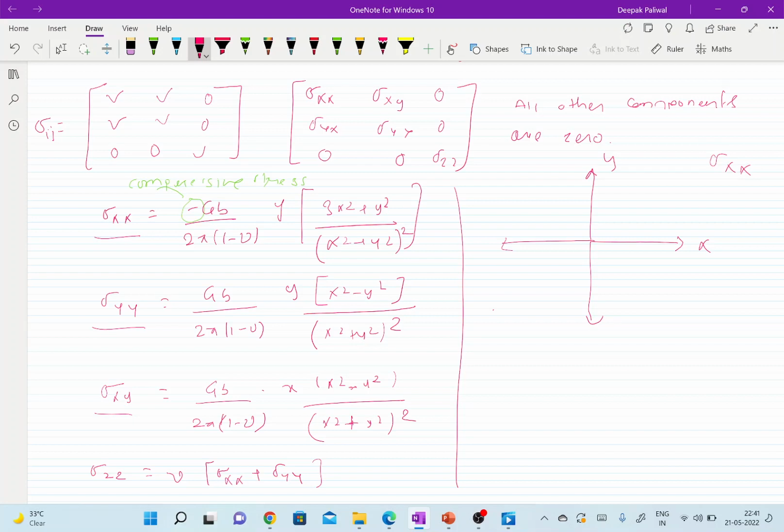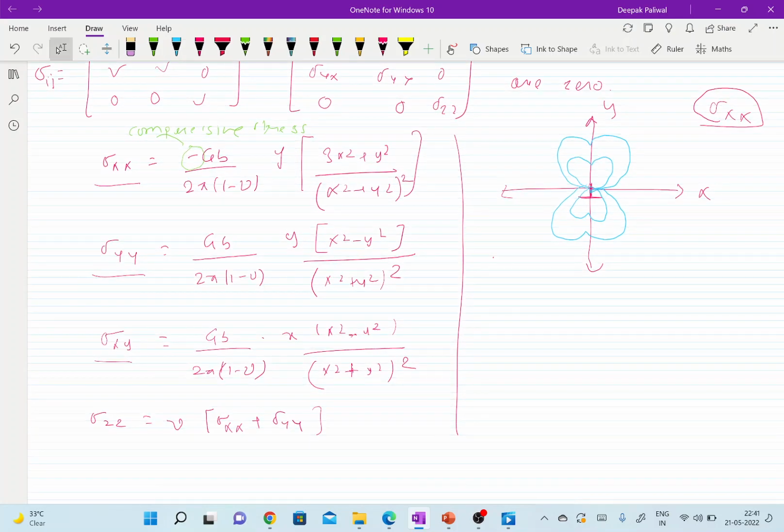Suppose we have an edge dislocation, the distribution of sigma xx is like this, and in the negative direction, both are symmetric around the x-axis.